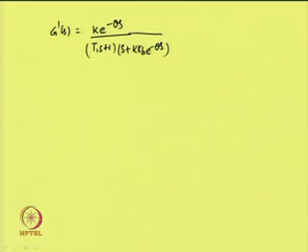Please keep in mind that T d is equal to T 1. With that assumption only we get this reduced form of the modified transfer function for the plant.